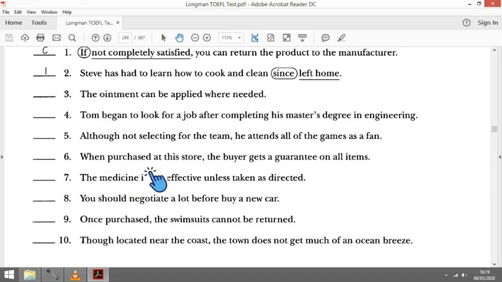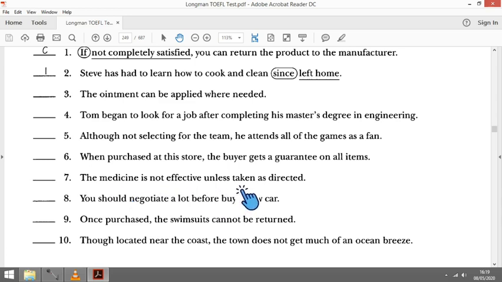Number 7. The medicine is not effective unless taken directly. Subject verb. Okay, there is the adverb clause and there is a reduced one: the medicine is not effective unless it is taken directly.